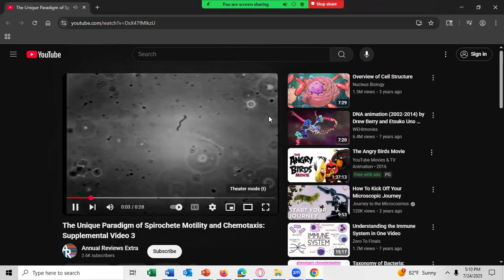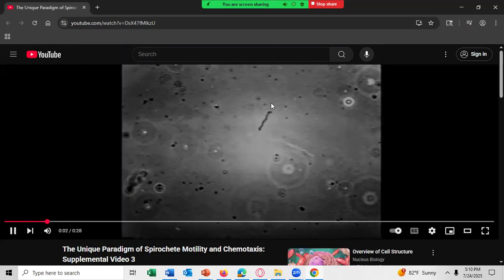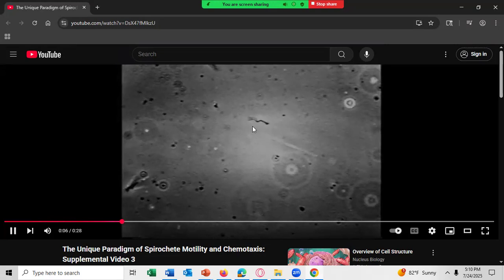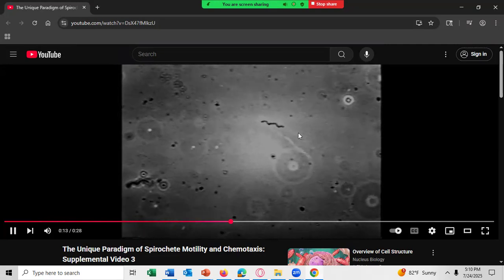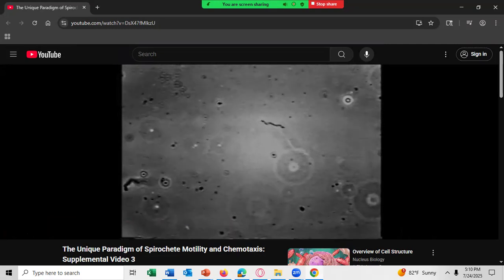As you can see, let's back that up a bit. The cell just rotates one way to move this way, rotates the other way to move that way. And there you can see the cell is so agile that it actually bent in half and now it's moving this way and that way. Any questions about any of that?